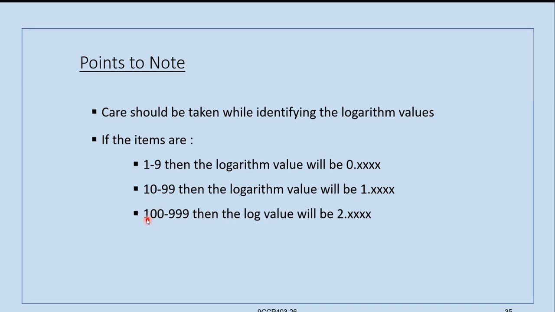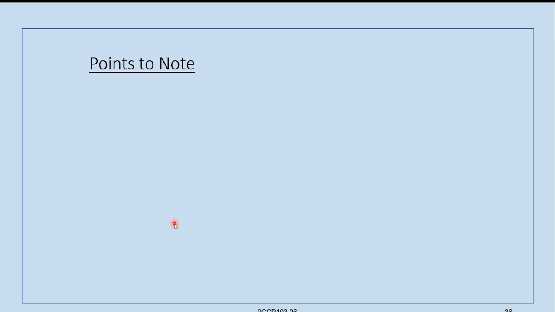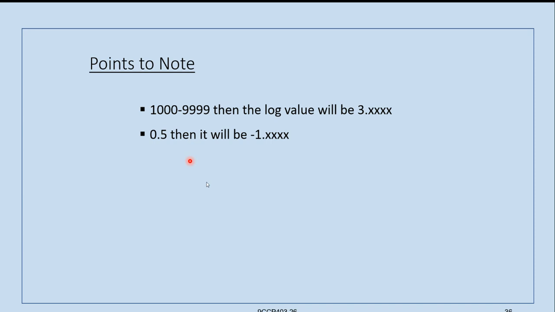Similarly, the characteristic of 3 digits is 2, and of 4 digits is 3. This is the characteristic. And if you have a negative, 0.5 has characteristic minus 1.